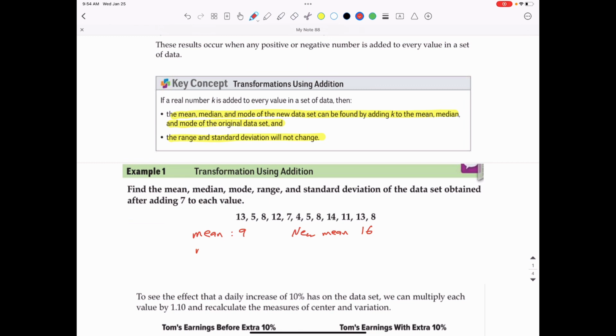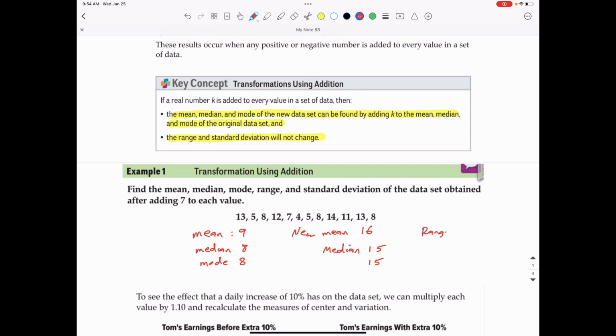The old median was 8, but when we do the new median, that's going to be 8 plus 7, which is 15. The old mode was also 8, so the new mode will be 15. But the standard deviation and the range will remain unchanged.